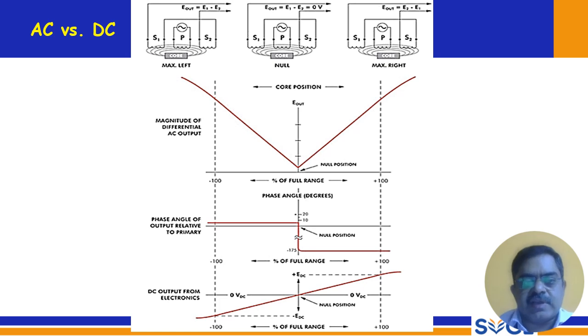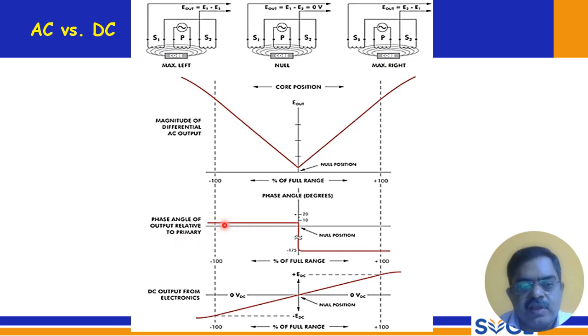So these are the characteristic curves for AC and DC, and you can see this is the full range. When the core moves this side, it is negative displacement, and this side it is positive displacement. This y-axis is the magnitude of differential AC output, and in the next graph it is the phase angle output relative to the primary coil.